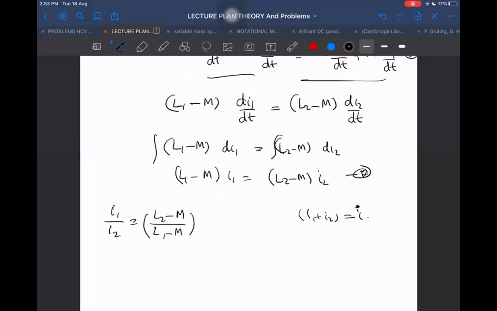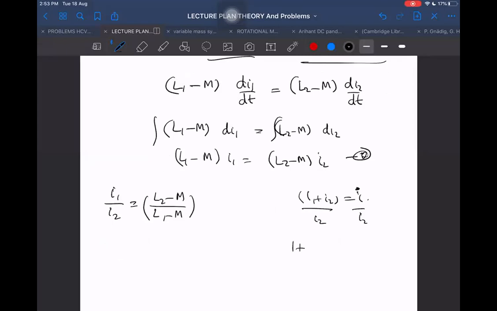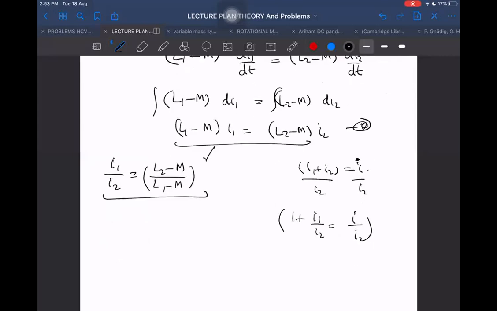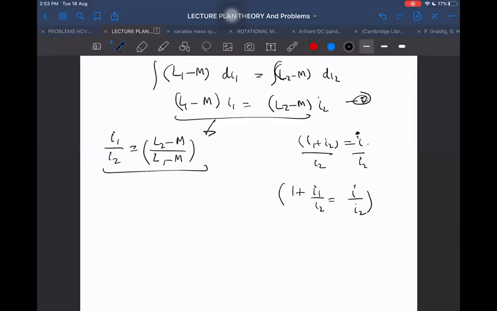Then I will divide this term by I2 and this also by I2. Then I get 1 plus I1 by I2 is equal to I total divided by I2. But I1 by I2 I got from the other equation. Then I can write this as 1 plus L2 minus M upon L1 minus M is equal to I divided by I2.